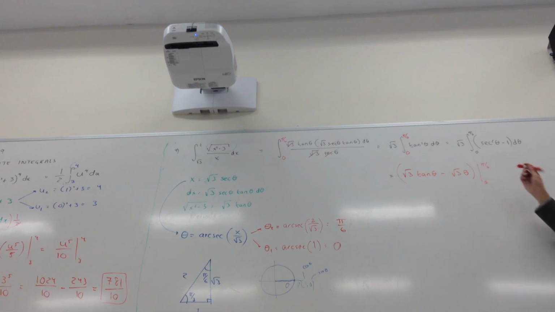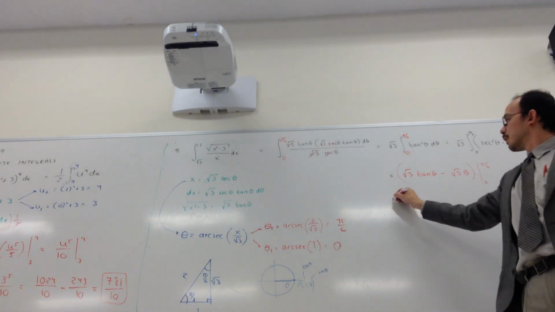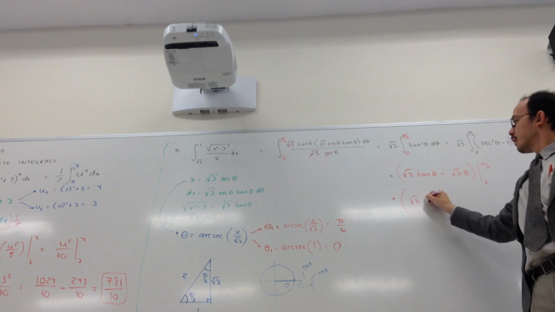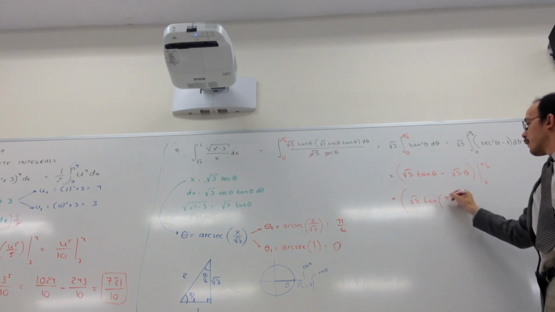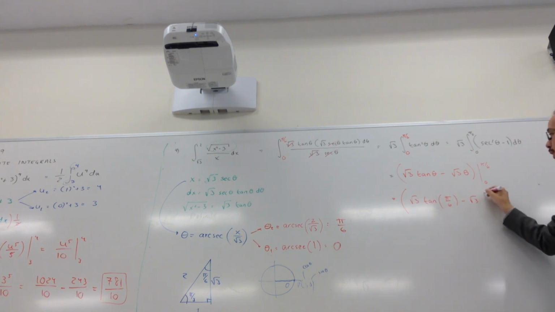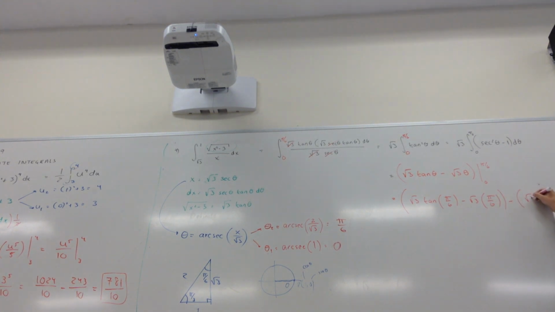And you know, square root of 3 tangent of pi over 6 minus square root of 3 times pi over 6, minus square root of 3 tangent of 0 minus, well, 0. Tangent of 0 is also 0, minus 0, all of this is 0.